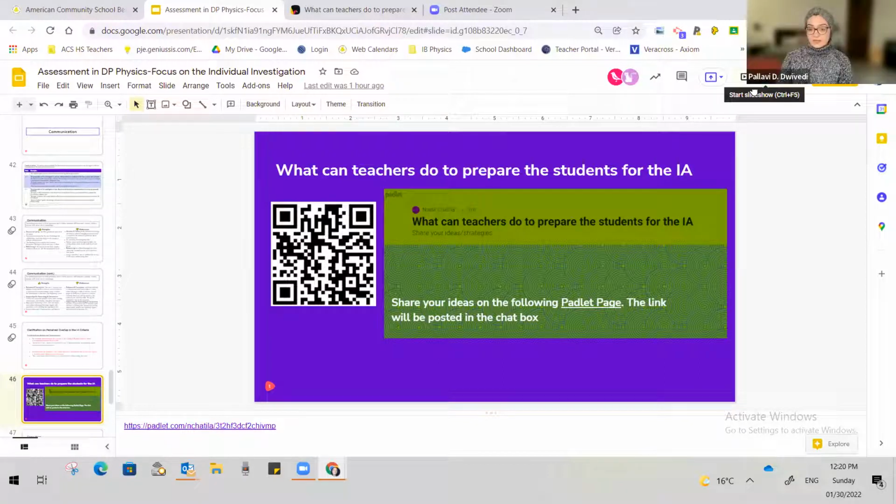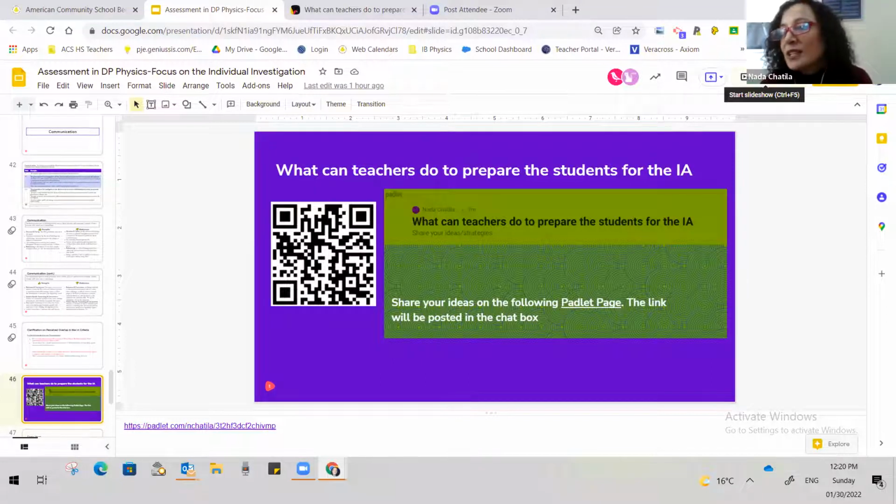Okay, that's great. All right, that's all the questions that we have so far, Nada. I was wondering if you wanted everybody to move to the Padlet now for a little bit. Exactly, yes, please share the Padlet link in the chat box, and I want your input on how, after this, we can guide our students to prepare well for the IA.